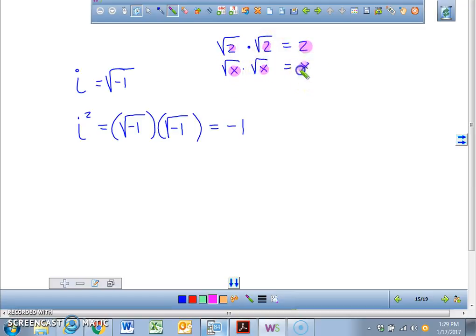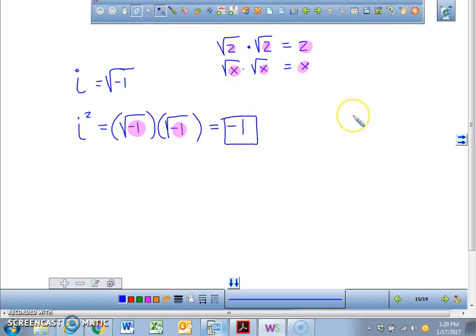The square root of negative 1 times the square root of negative 1 is negative 1. So the square root cancels. Right, so there you go. So what is I squared always equal to? When I say I squared, you say negative 1. I squared. Negative 1. I squared. Negative 1. There we go. That's much better.